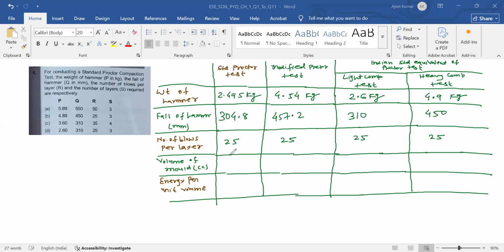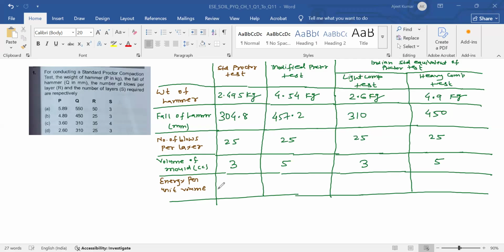And the number of layers in a standard Proctor test will be 3, and in the modified Proctor test it will be 5. Similarly, in the light compaction test the number of layers will be 3, and in the heavy compaction test it will be 5.